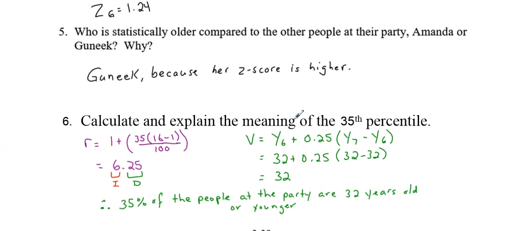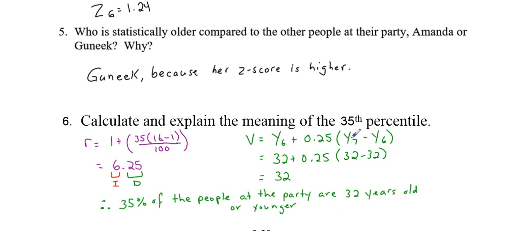So question 6, to find the 35th percentile, what you want to remember is 1 plus the percentile times the number of data minus 1, over 100, and that gives 6.25. The 6 is the I, and the 0.25 is the D. So I is 6, so this formula is y6 plus the decimal value 0.25 times (y7 minus y6). y6 means which value is sixth in line, and y7 means which value is seventh in line.